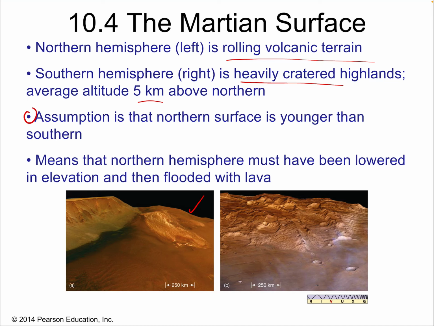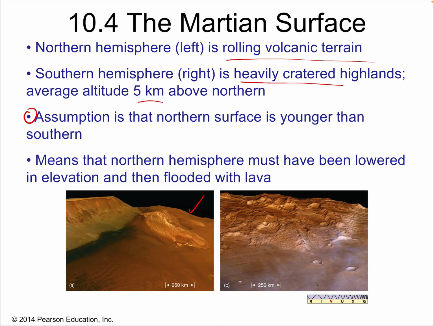And the assumption is that the northern surface is younger than the southern. And that's a very reasonable assumption compared to all the trends we see between planets, right? It's our whole idea that there's this overall behavior of the solar system. We piece together the evidence as scientists, okay? And this means that the northern hemisphere must have been lowered in elevation and then flooded with lava, okay?